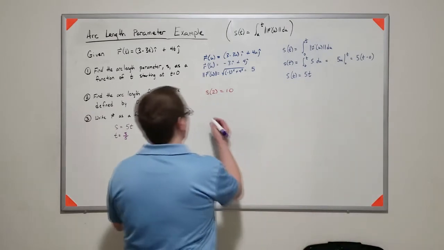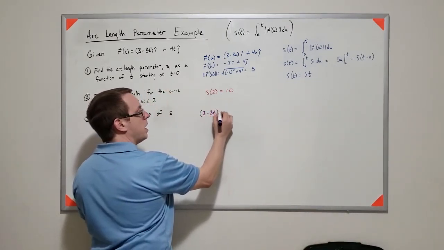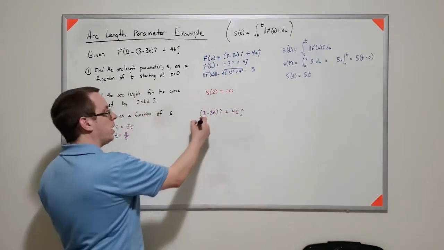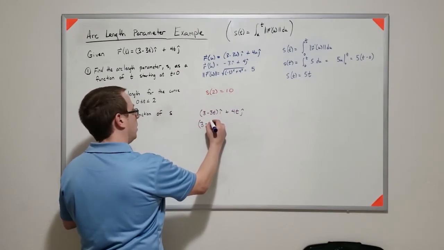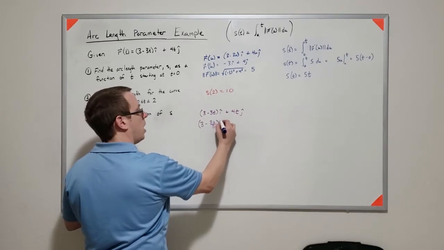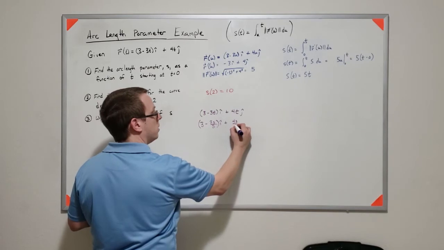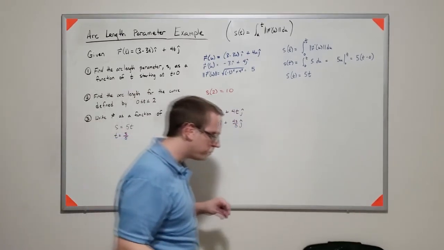Then (3 minus 3t)i plus 4tj, I can rewrite as (3 minus 3s over 5)i plus (4s over 5)j.